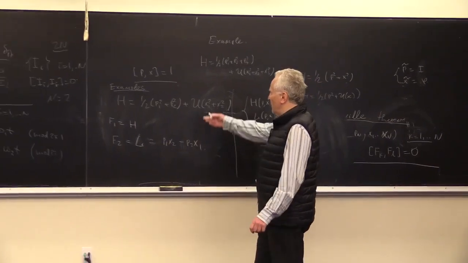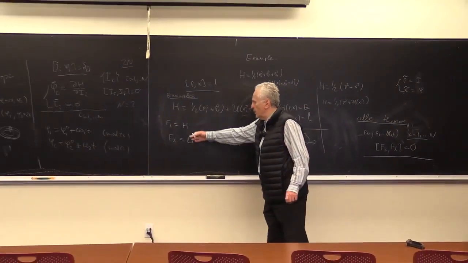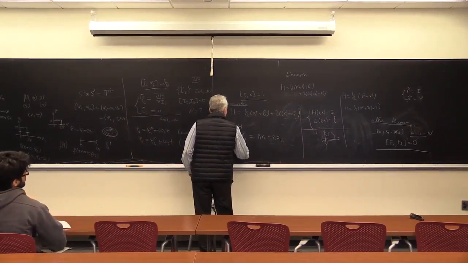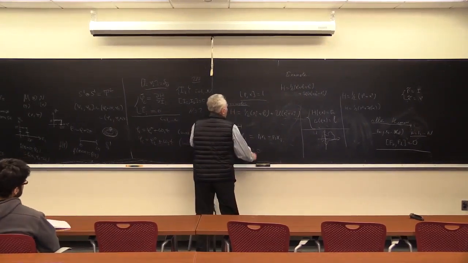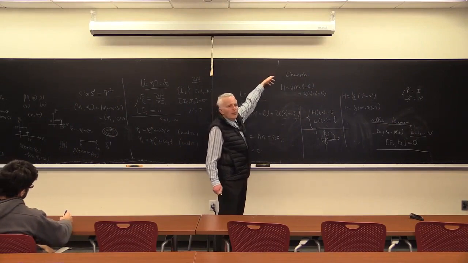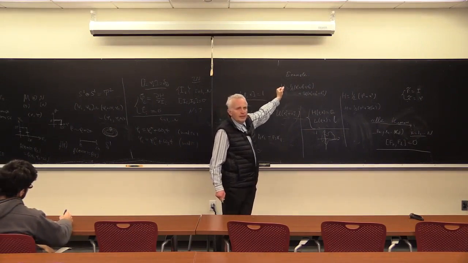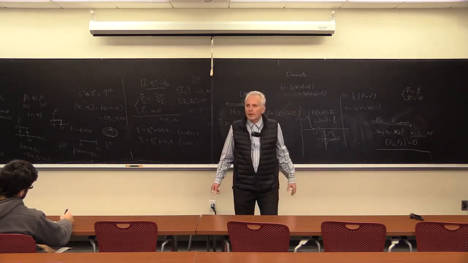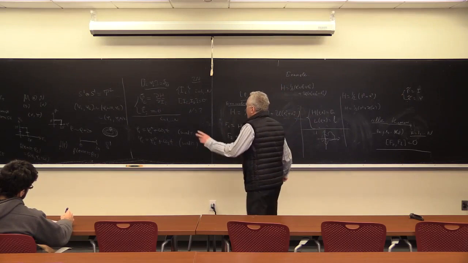So here we managed to construct two integrals of motion. They commute. Everything's nice. Apart from H, what are some obvious integrals of motion here? Could you clarify what you mean by integral of motion? Oh, okay, sorry.